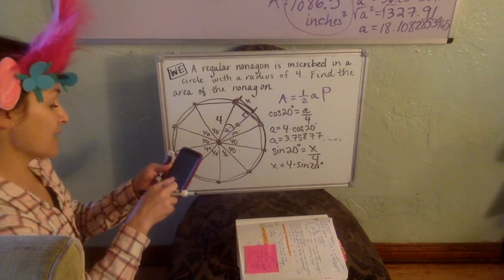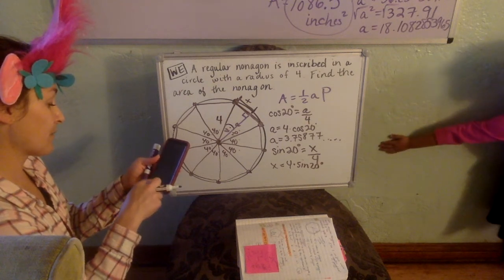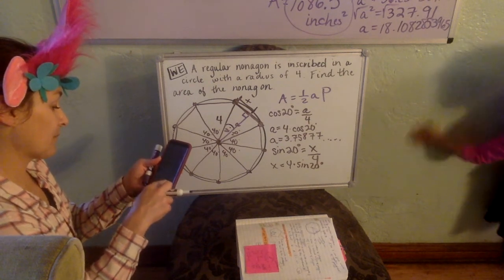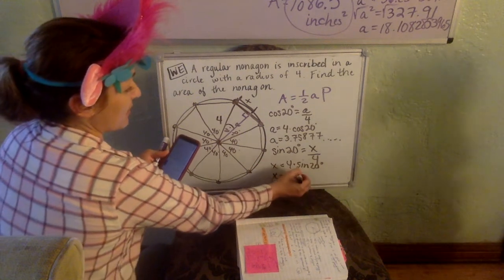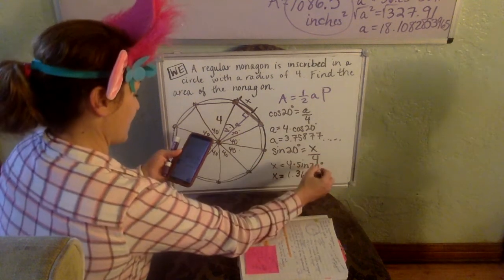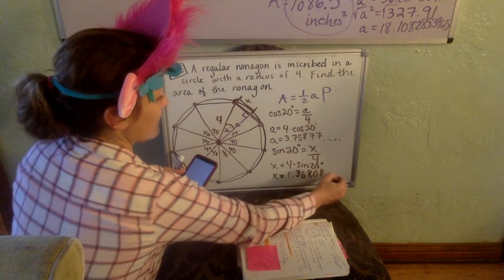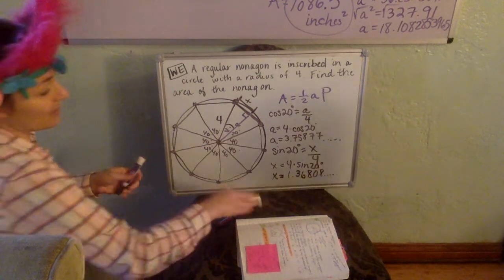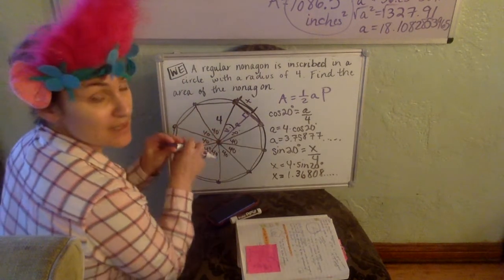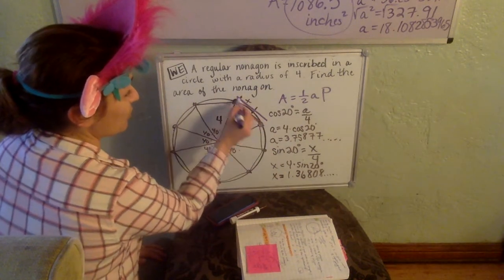And so 4 times the sine of 20 degrees is about 1.36808 and some change. Okay, so now remember 2 times that is going to be the length of this whole side.